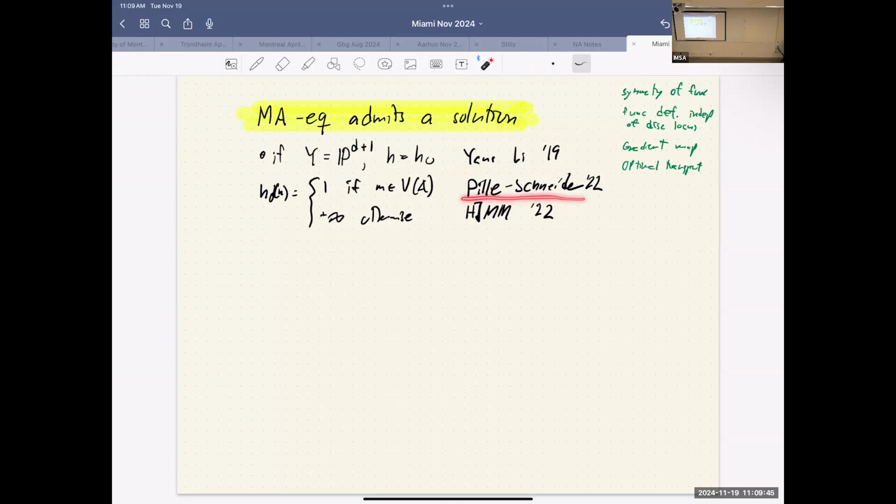First of all, by Phil Schneider, and what he did here, he actually used a statement about the non-Archimedean Monge-Ampère equation. Using this solution to the real Monge-Ampère equation, he was able to show that because it exists, it has to be the same as the solution to the non-Archimedean Monge-Ampère equation. So there's an argument for that. And then he used the uniqueness of the non-Archimedean Monge-Ampère equation to show that you had uniqueness for this real Monge-Ampère equation.